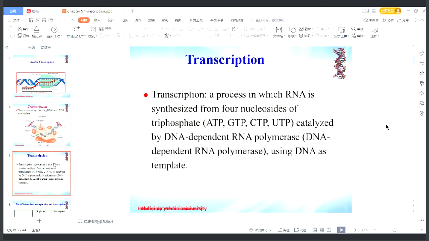This is the process in which RNA is synthesized from the four ribonucleotides, ATP, GTP, CTP, and UTP, catalyzed by the DNA-dependent RNA polymerase, and uses the DNA strand as the template. This process we call transcription.